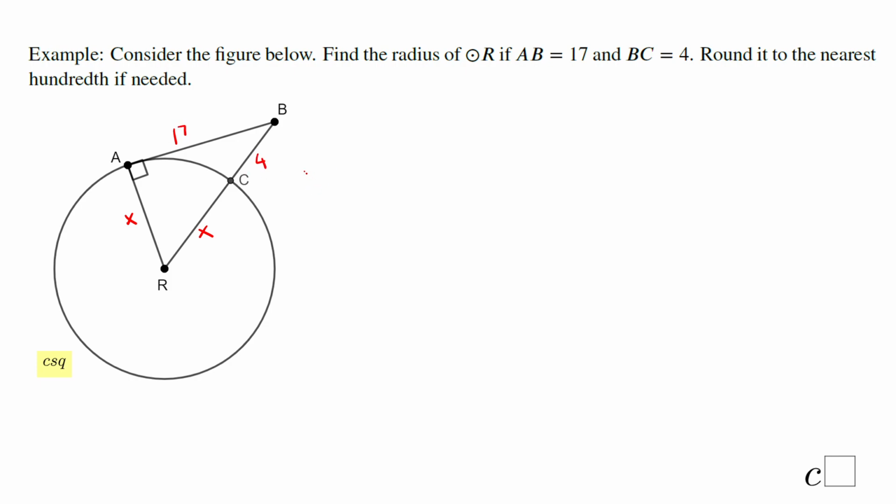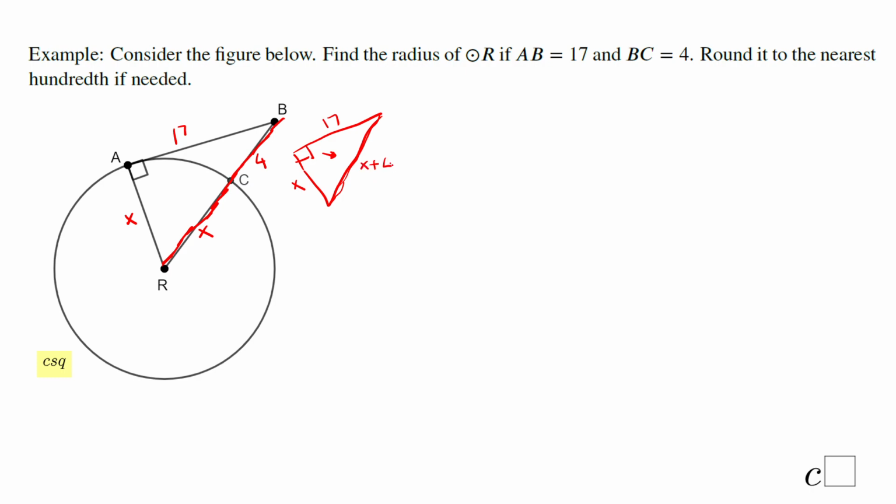So I'm going to draw the same right triangle. Now this is 17, this is X, and this segment here, the hypotenuse, because it's on the other side of 90 degrees, is going to be X plus 4. It's an expression here.